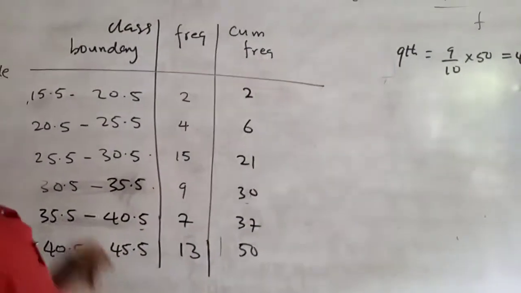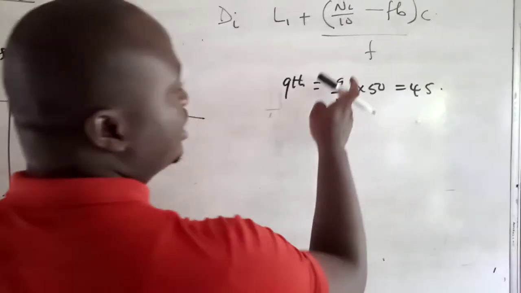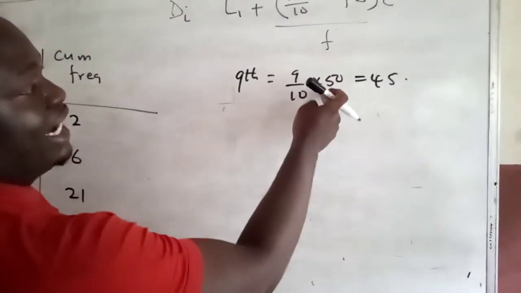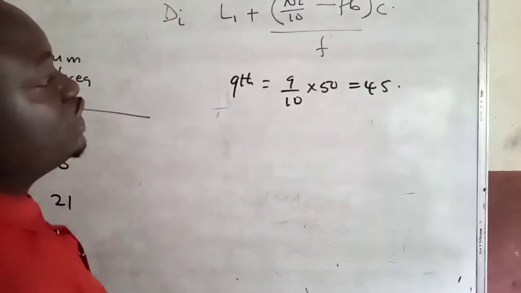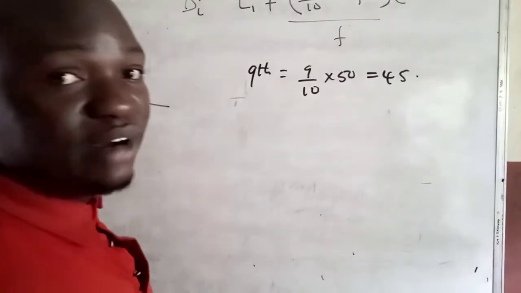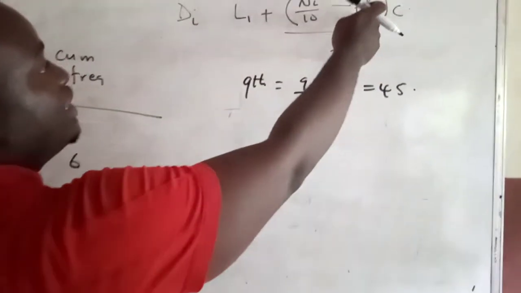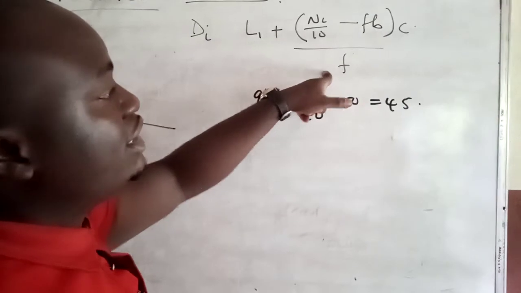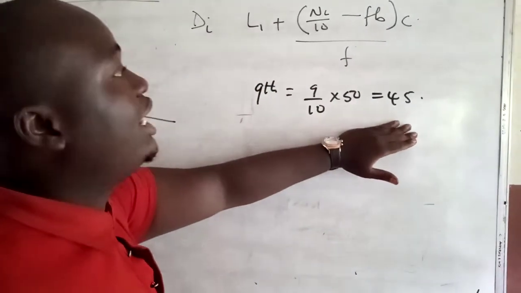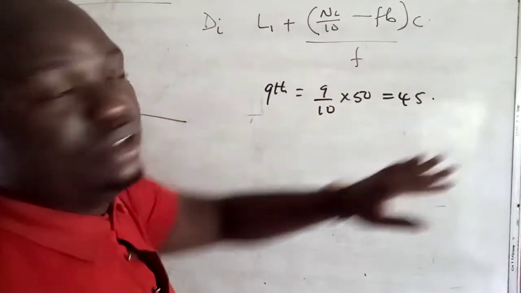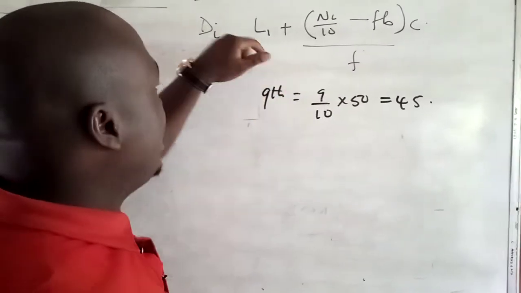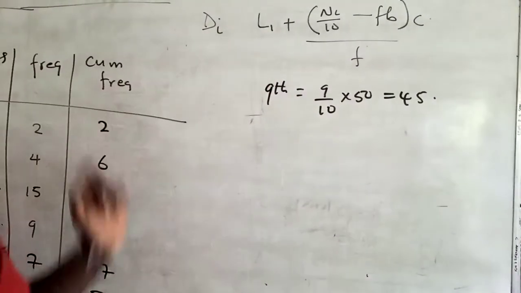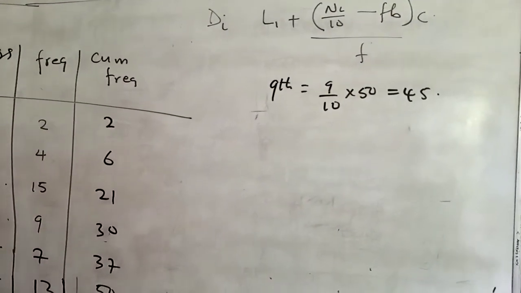So the 9th decile, all you need to do is what? 9 divided by 10 times what? The total number of frequencies, which is 50, and you're going to get what? 45. The next thing is to find the cumulative frequency before this, the frequency of this decile class and the class width. You put it, answer goes. L1 is the lower class boundary of the decile class.